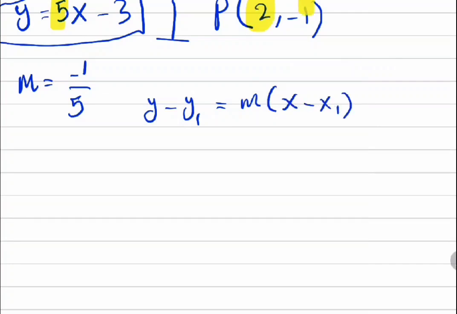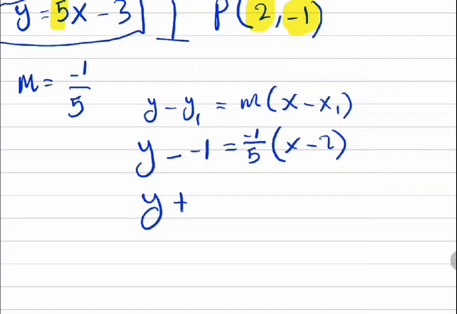So y minus negative 1 is equal to negative 1 over 5 times x minus 2. So on the left we have y plus 1. And on the right we have negative 1 over 5 times x minus 2. So this is the answer in point-slope form.